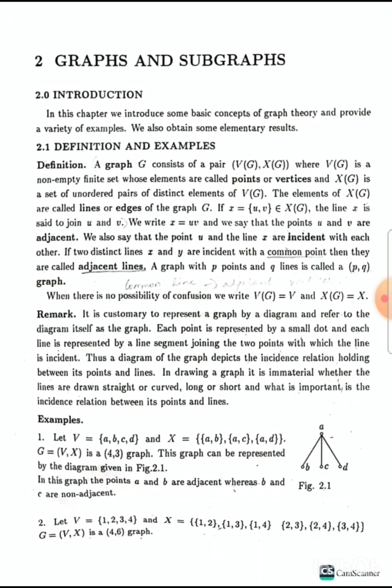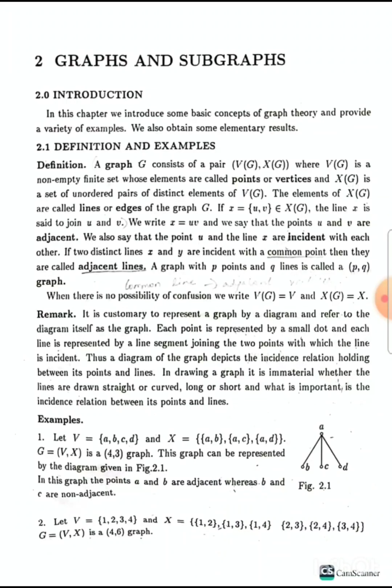If we denote this, X is equal to the set of UV, which belongs to X(G), and the UV forms a line, and that line is named X. So the line X is said to join U and V. So we write X equals UV and we say the points U and V are adjacent.